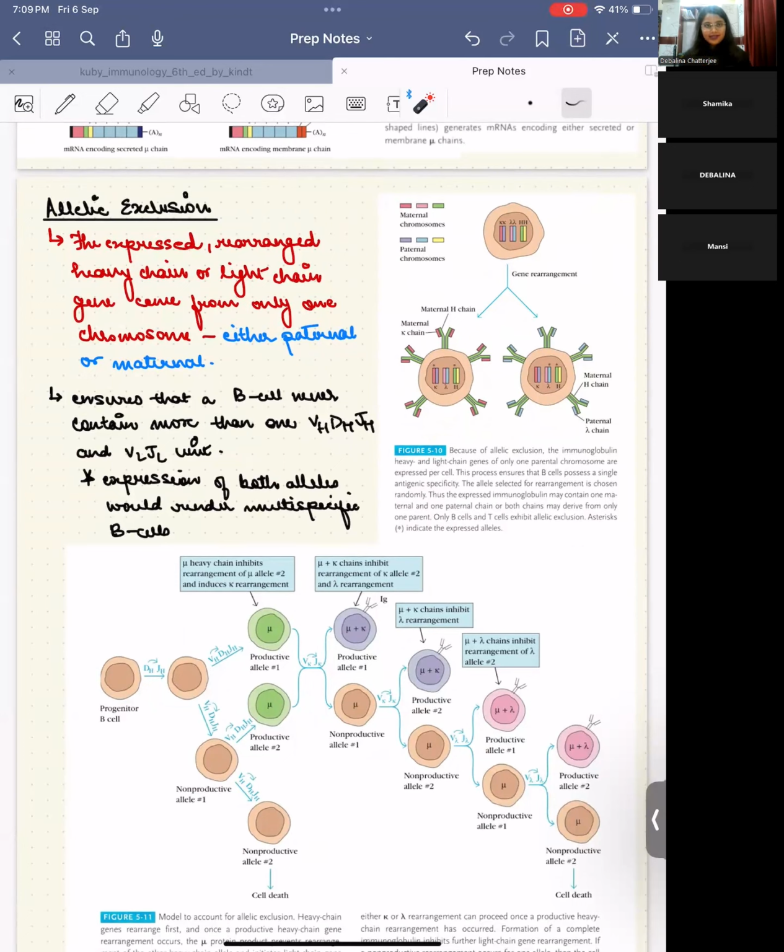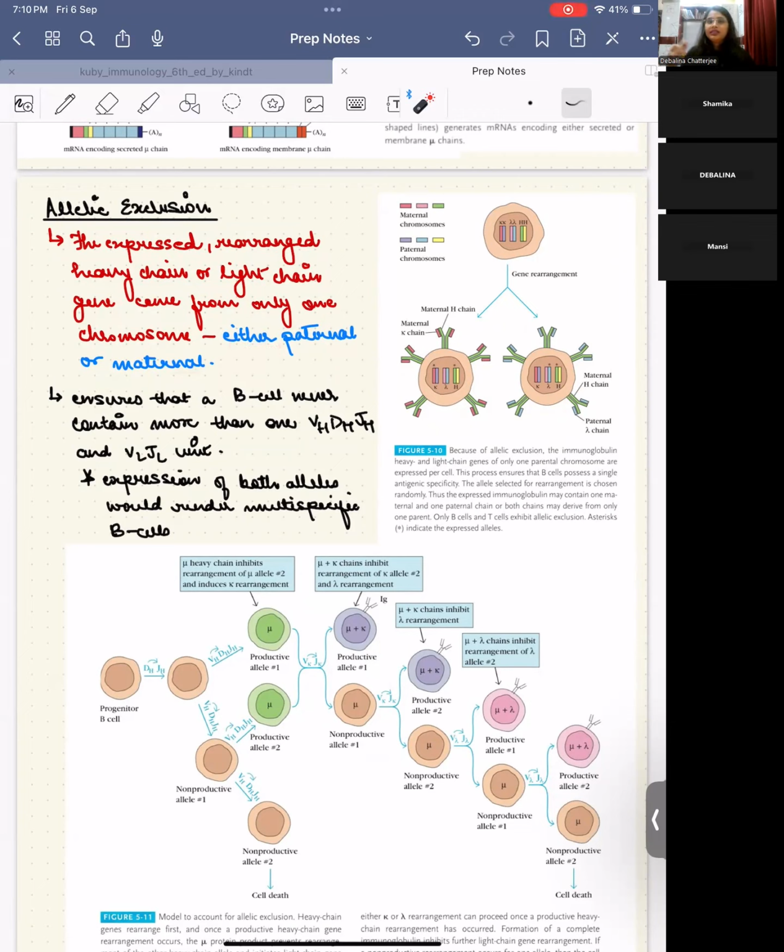For all cells in our body, we have one set of chromosomes coming from the maternal side and the other set coming from the paternal side, and we are all diploid organisms, right? Any gene present on either of these chromosomes has a chance to get expressed. But what happens in lymphocytes is that either paternal or maternal gene segments are expressed.